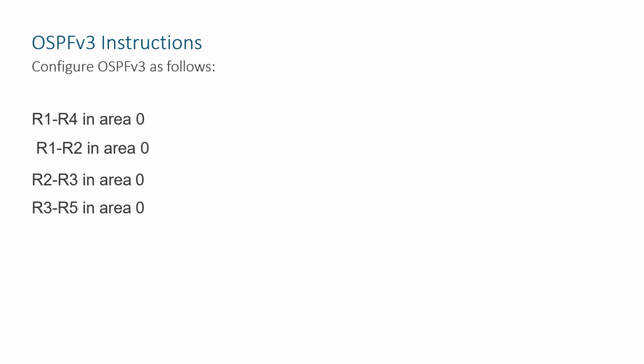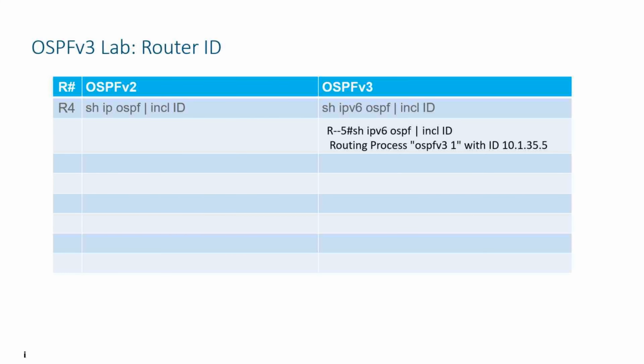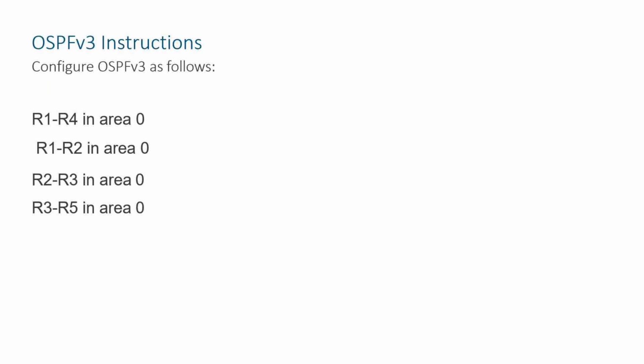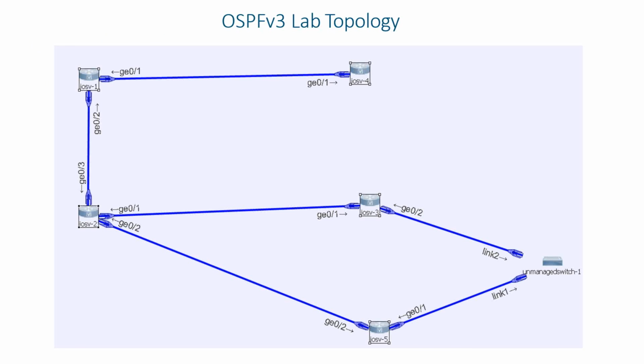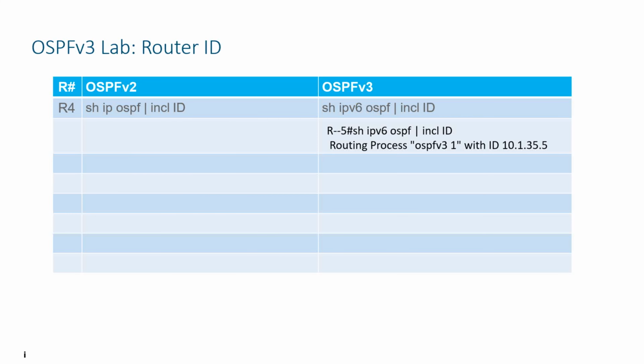So once we go, what we need to do is first of all enable IPv6 routing. You'll see how we are enabling this. Once your OSPF IPv6, meaning OSPF version 3, is up and running, you can go and verify the router ID.